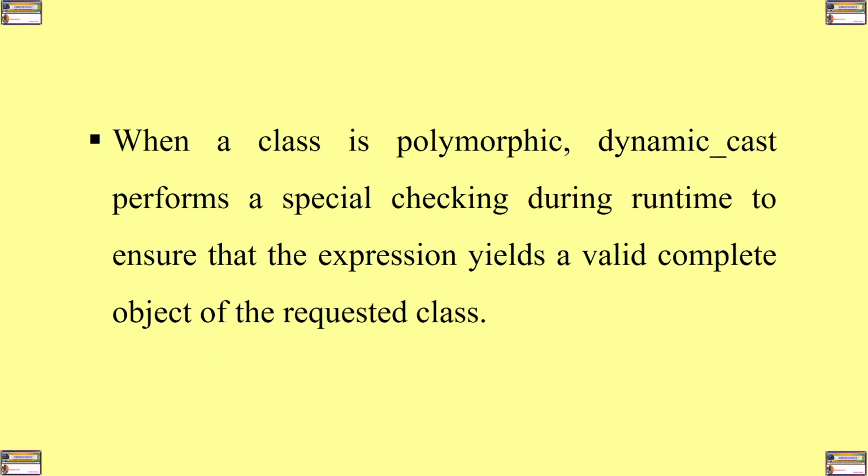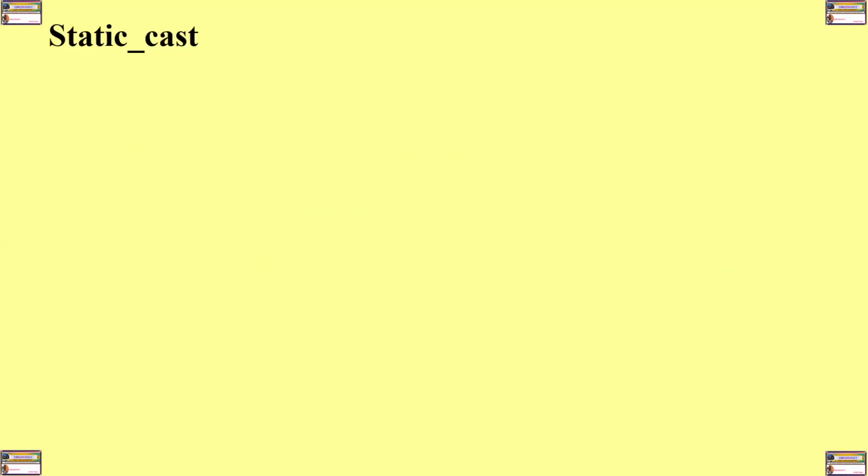When a class is polymorphic, dynamic_cast performs a special check during runtime to ensure that the expression yields a valid complete object of the requested class.